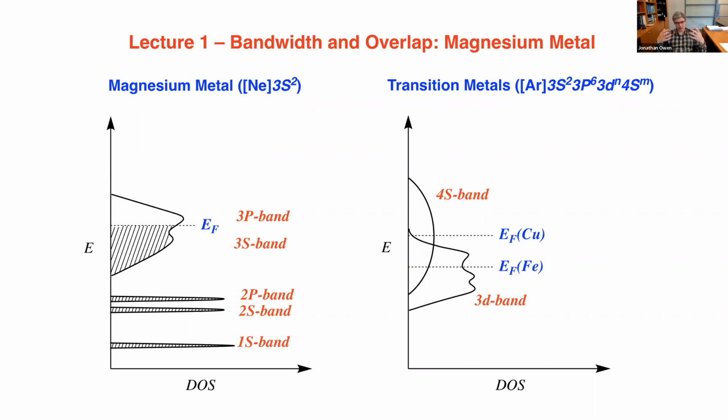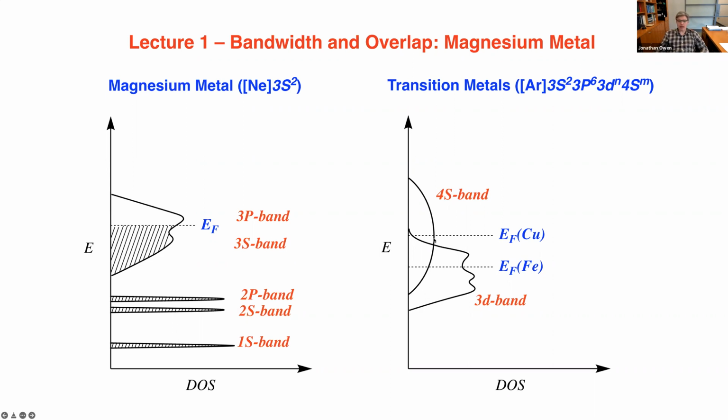Now, the electronegativities of the elements are changing and the bond lengths are changing, and that's going to make changes. But at first glance, simplistically speaking, you can think about the 3d band and the 4s band, and those two bands in a transition metal overlap. Depending upon whether you're looking at copper or iron, the Fermi level, or the Fermi energy, in those metals occupies different regions of that band structure.